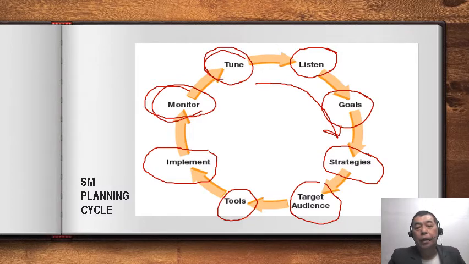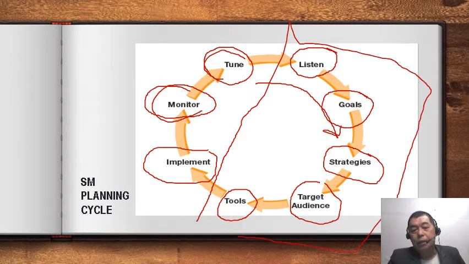So basically, it is here that we plan. Based on this planning cycle, listening, goals, strategies, target audience, and tools are part of the social media planning attributes, because this one is already on the second stage.